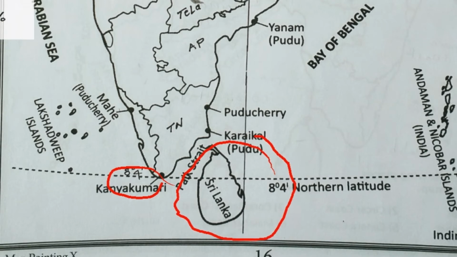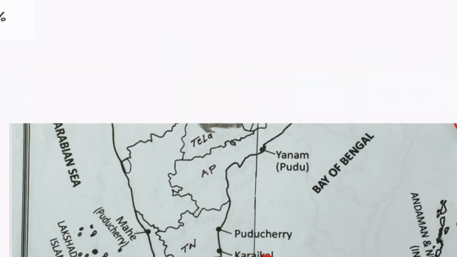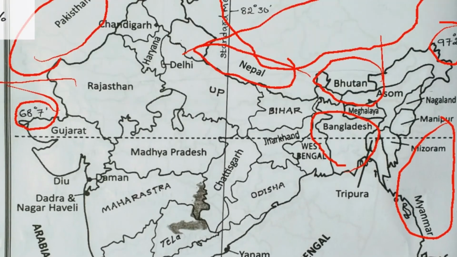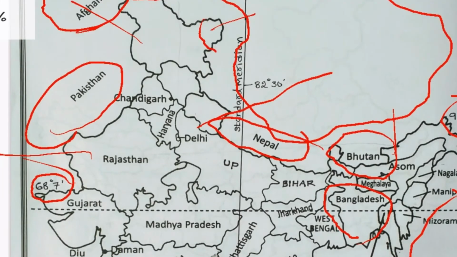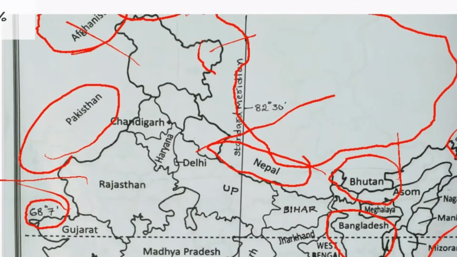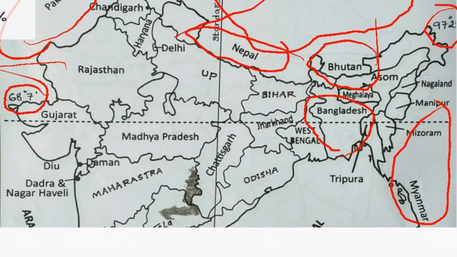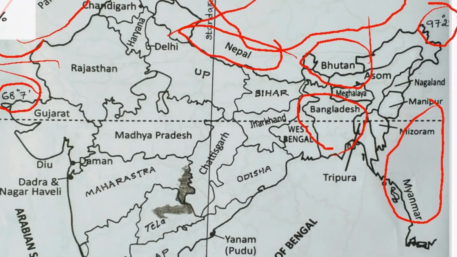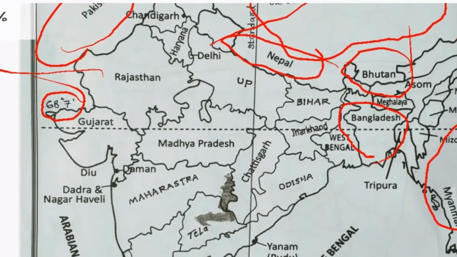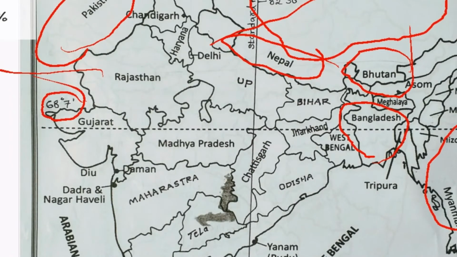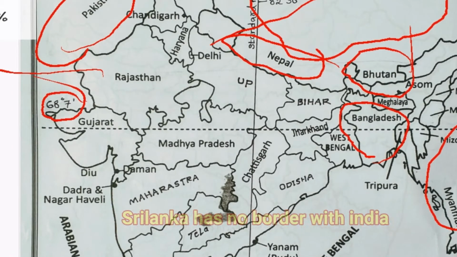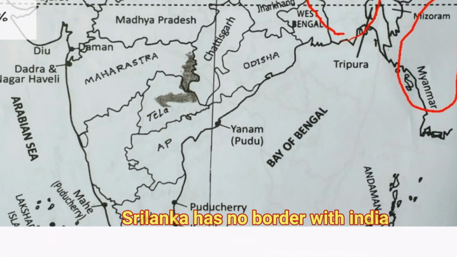So one thing, all these neighbor countries like Pakistan, Afghanistan, China, Nepal, Bhutan, and also Bangladesh, Myanmar, all have a border with India, except Sri Lanka.